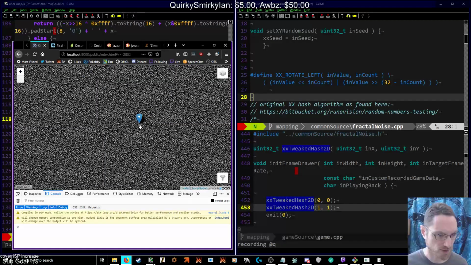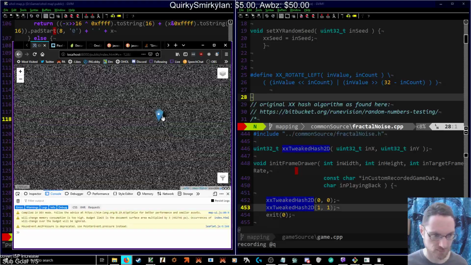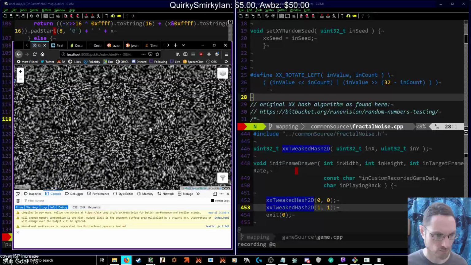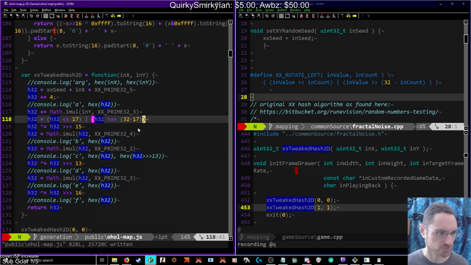okay, so we still have patterns at scale. And it still seems a lot of really black and really white stuff.